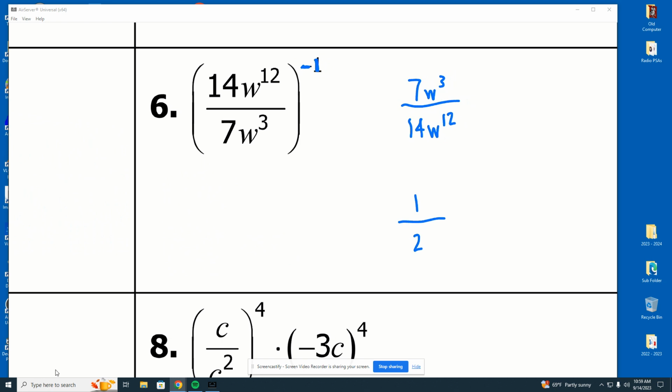It's bigger in the bottom. So where am I going to put W? It's bigger in the bottom, so we're going to put it in the bottom. And we're going to subtract from the bottom. What is 12 minus 3? So our answer, simplified, is 1 over 2W to the 9th.